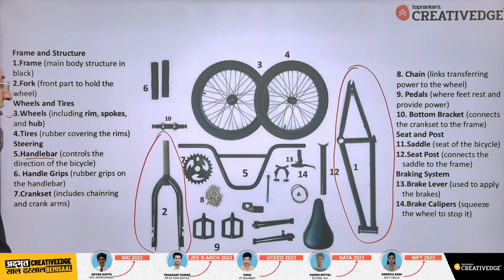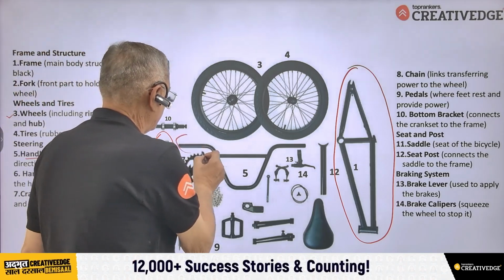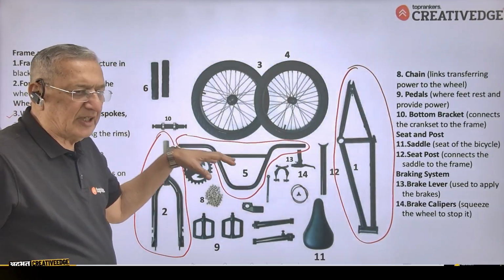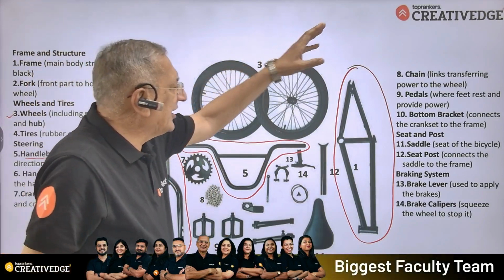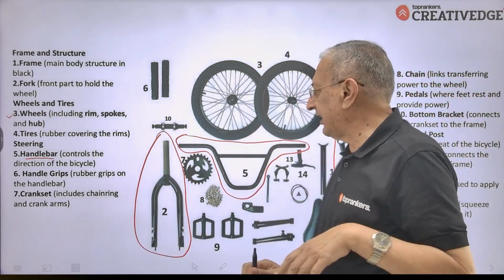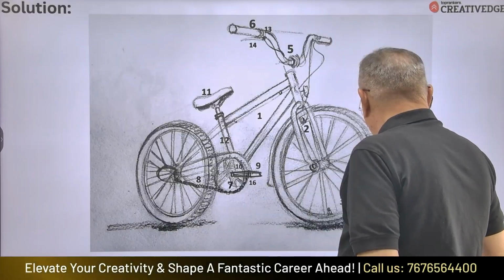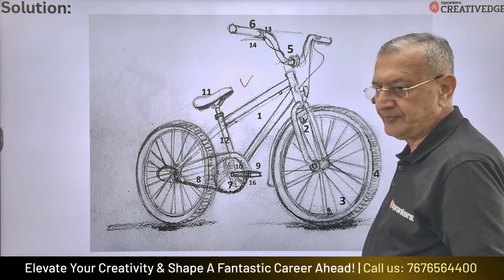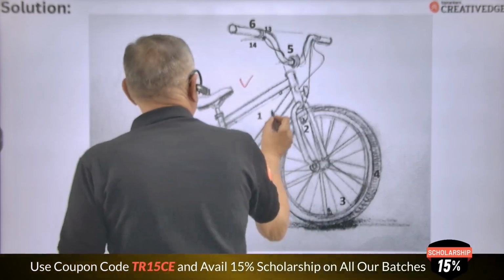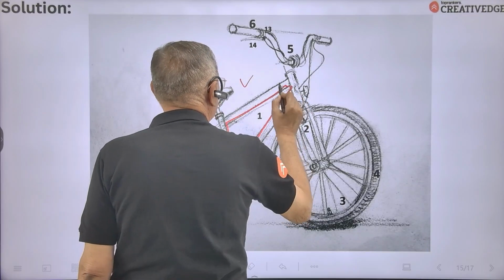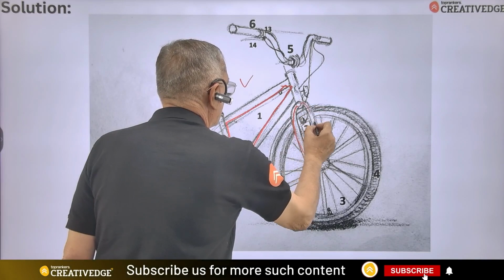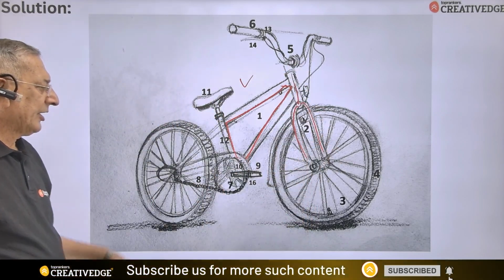Five, handlebar. So if you have numbered them and given their names, you can very confidently draw this and again number it. Like where you have used number one, frame, number two, the fork, and so on and so forth.